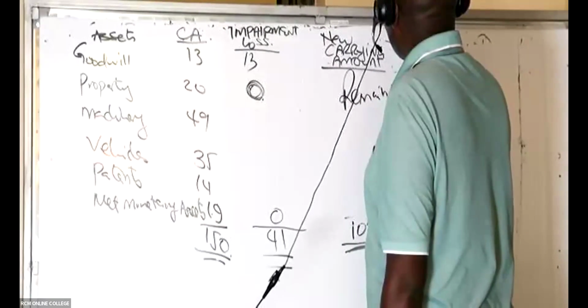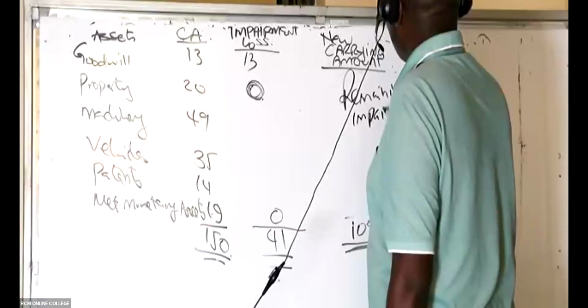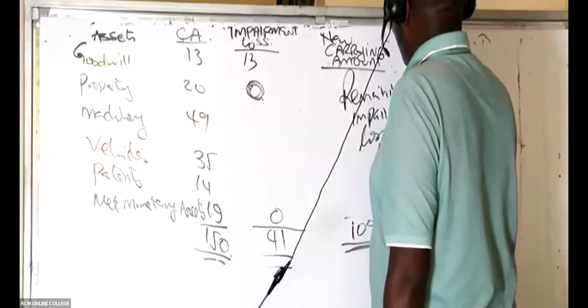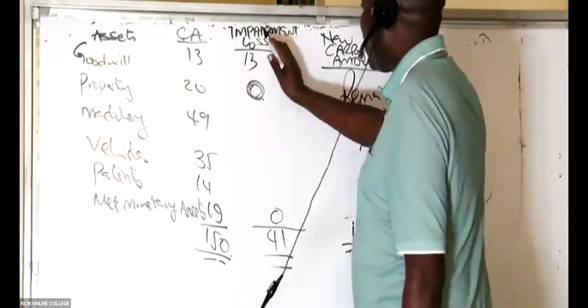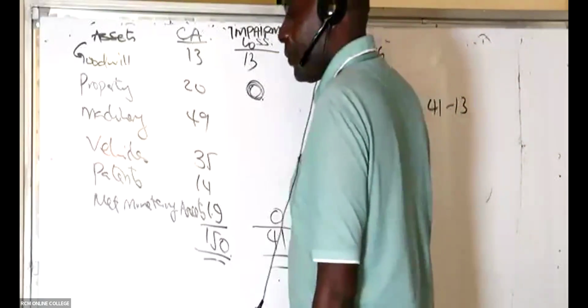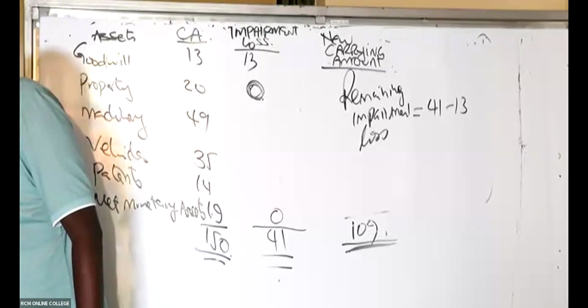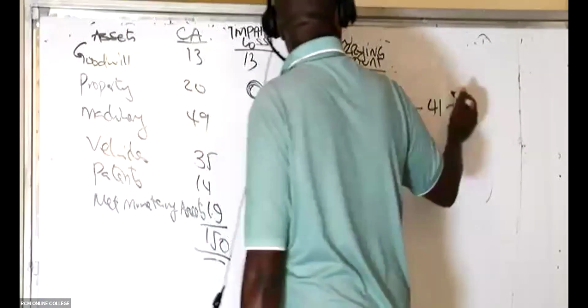The remaining impairment loss will be 41 minus what has been allocated, minus 13, minus 0, minus 0, which is 28.